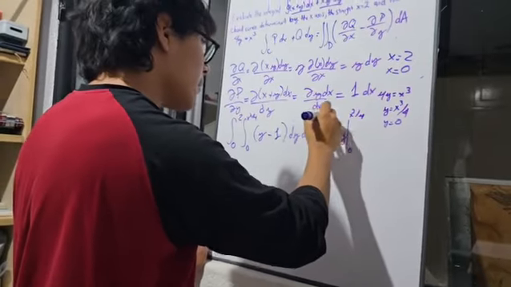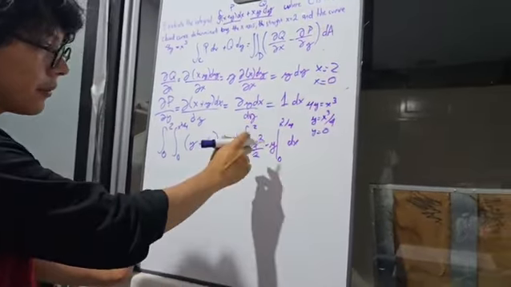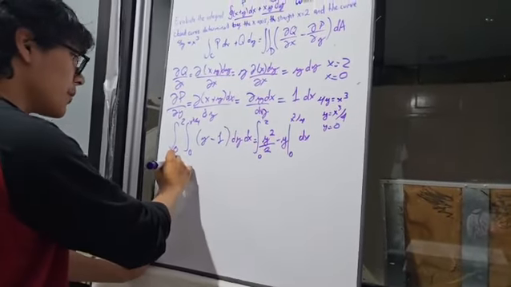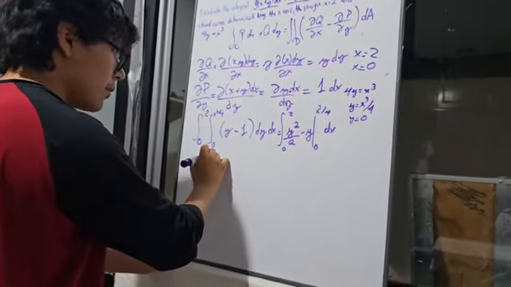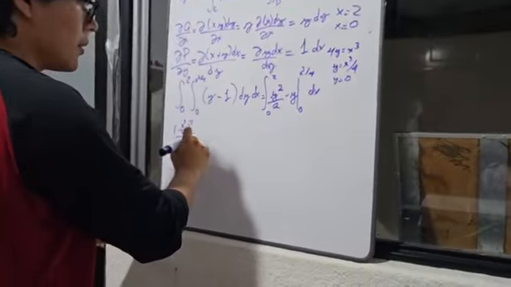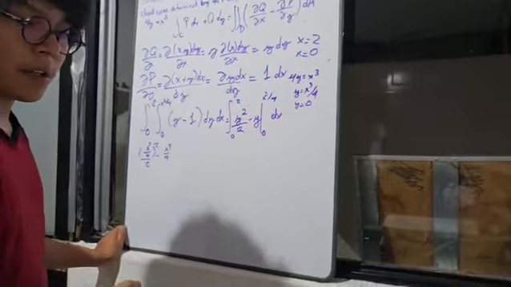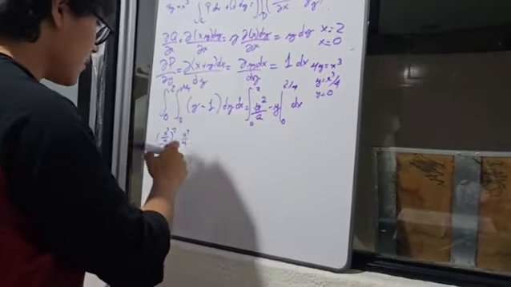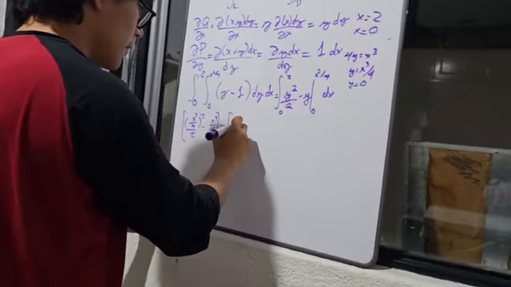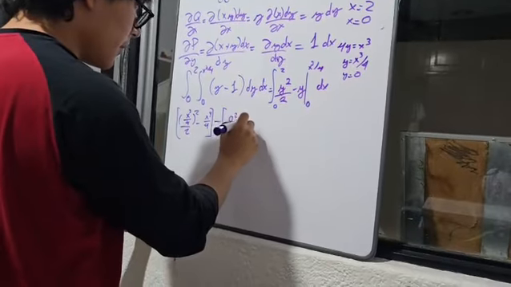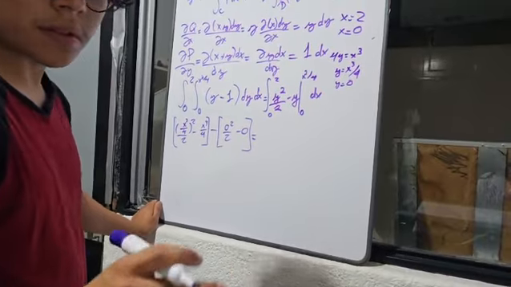So now we're going to do this, which is going to be x to the 3 over 4, squared, over 2, minus x to the 3 over 4, minus 0 minus 0. Now we're going to take a closer look at this.